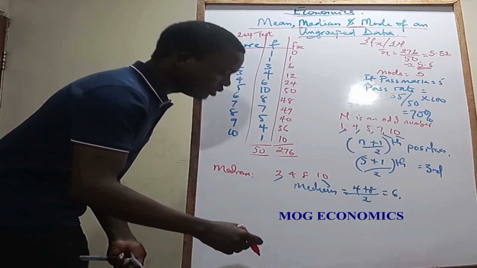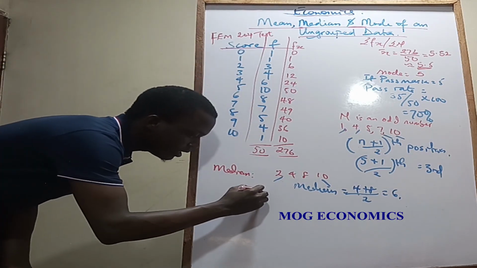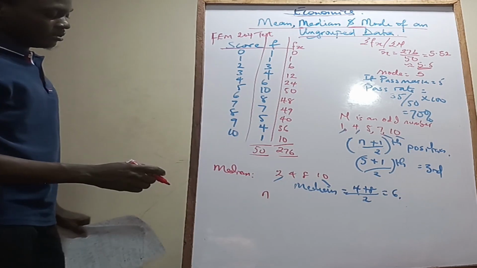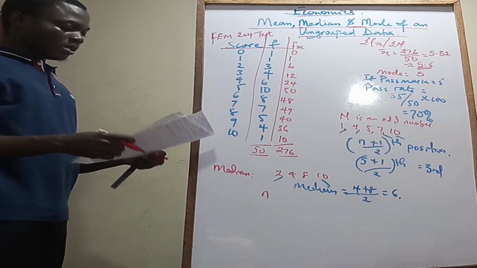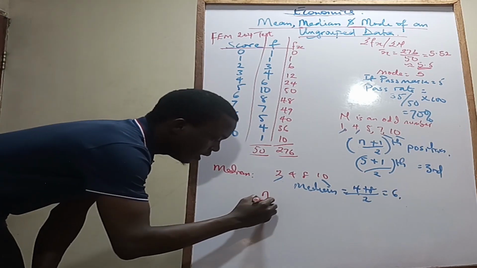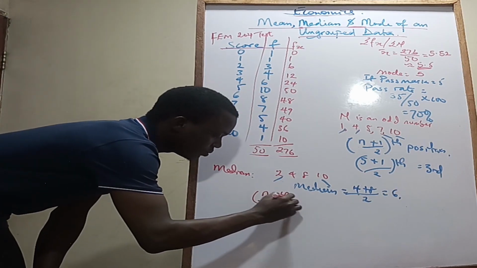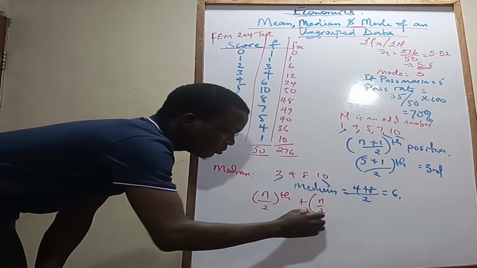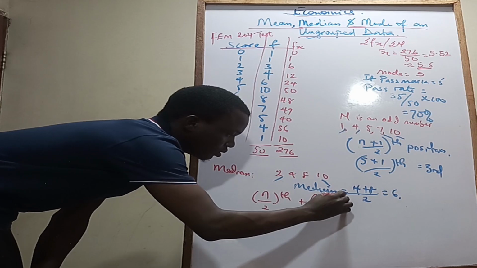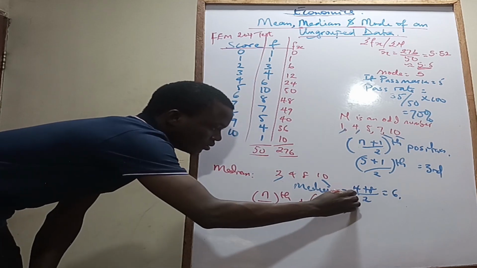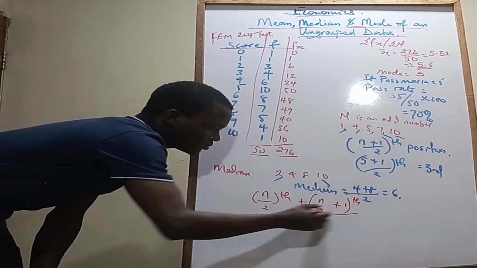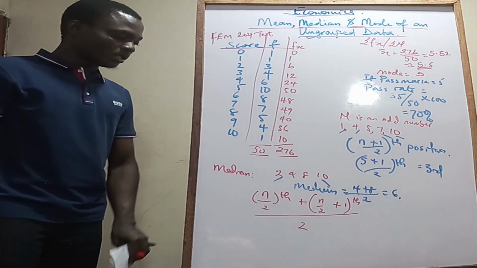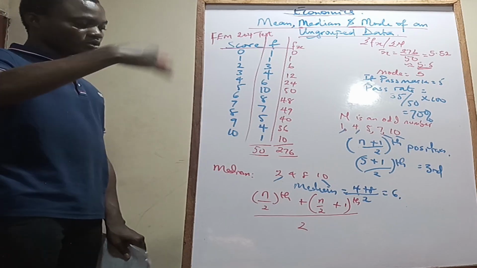So the formula is going to be n over 2's position plus n over 2 plus 1 position, everything divided by 2. N over 2 position plus n over 2 itself plus 1 position.